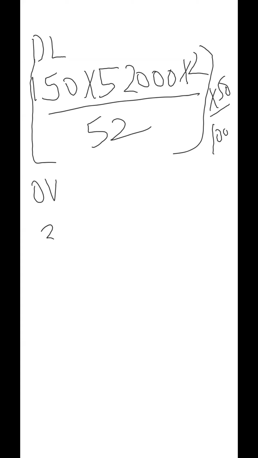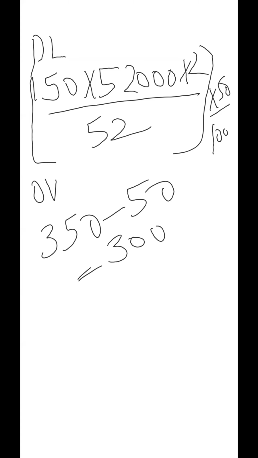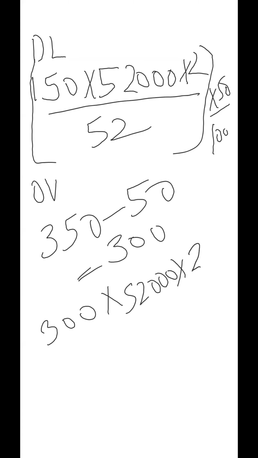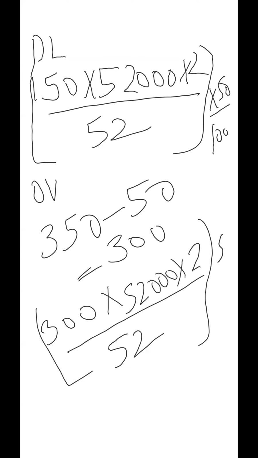So it will be 350 minus 50, that is 300 rupees. Okay, so now how will we calculate? 300 into number of units 52,000 into 2 weeks, that is 2 by 52, multiplied by 50%. Clear?